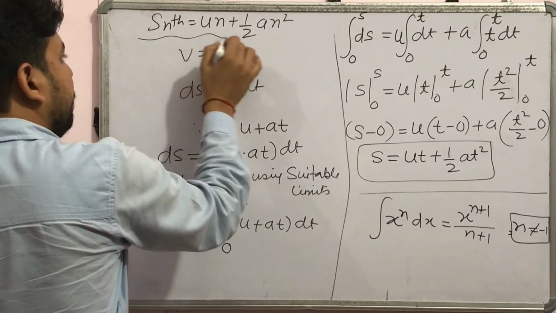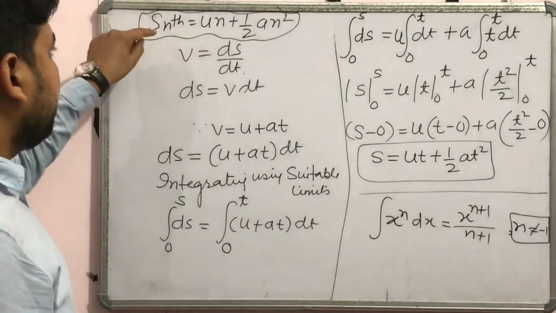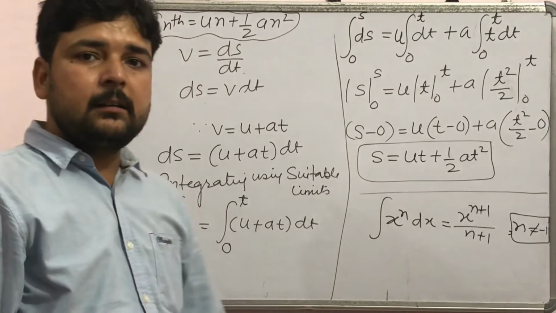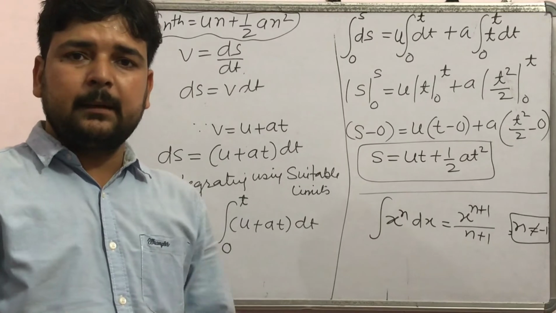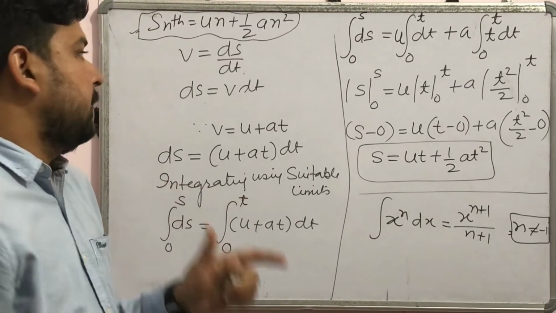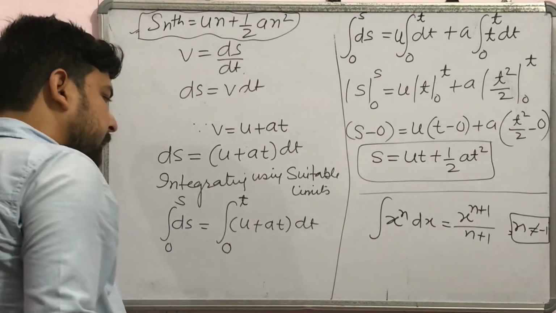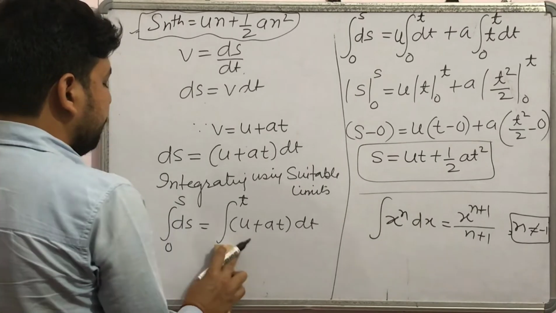By using same steps we can derive this equation, but here s nth is the distance covered by the body in that particular interval of time, that is in that nth second. So here you have to do this derivation in the same manner, but you have to change the limits here.